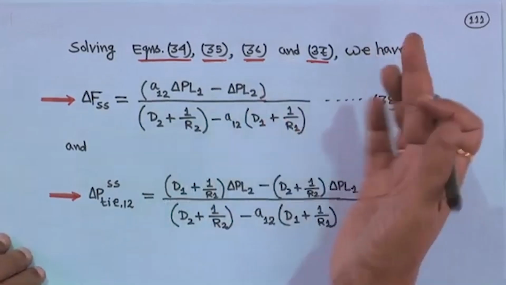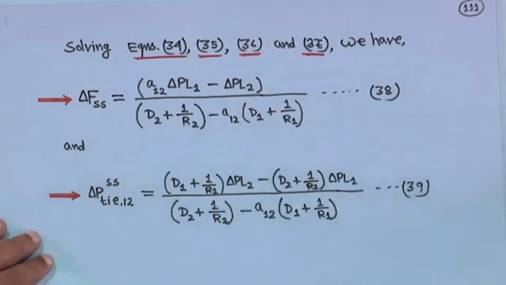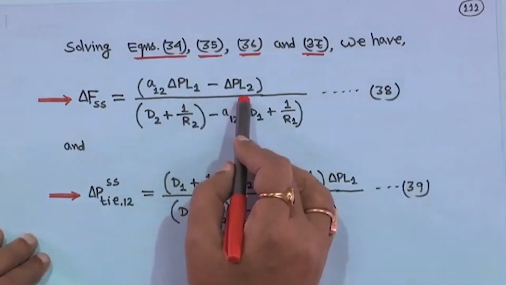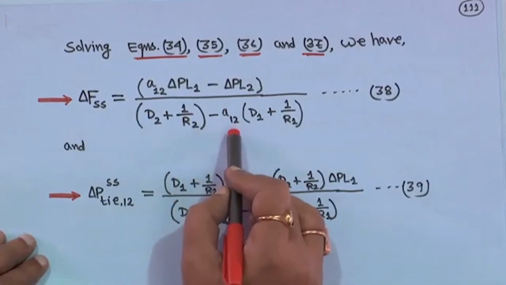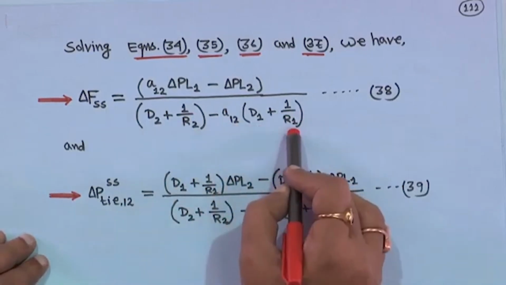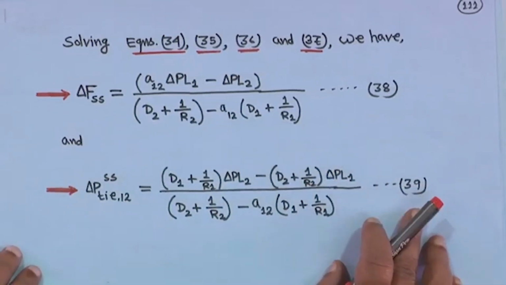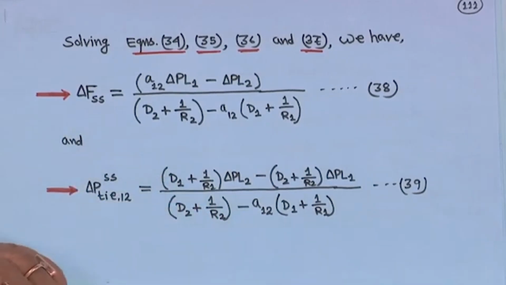So, if you do so, solving equations 34, 35, 36 and 37 the way I told you, you will get delta FSS is equal to A12 delta PL1 minus delta PL2, divided by D2 plus 1 upon R2 minus A12 into D1 plus 1 upon R1. This is equation 38. That means, at steady state in uncontrolled mode of a two area system, the frequency deviation of both areas is the same. It is not delta F1 SS or delta F2 SS, it will be the same.